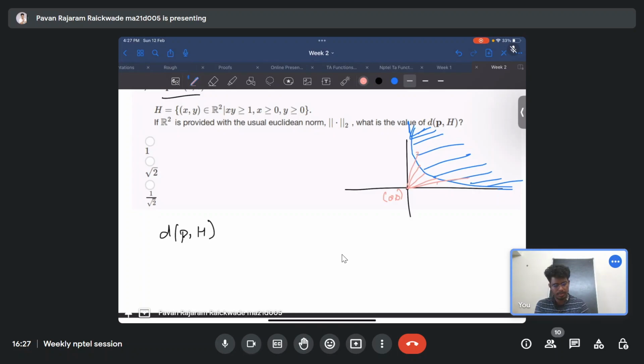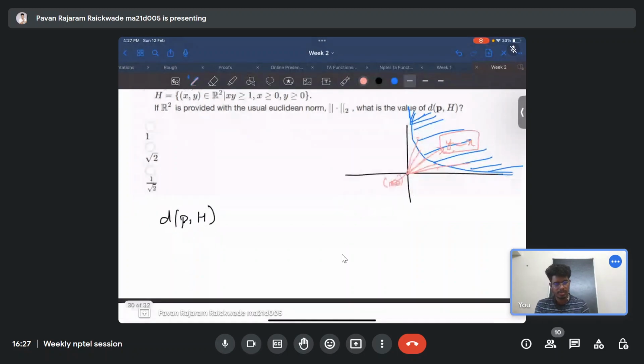Visually you can see the shortest will be along the line y equal to x, because for any other line you get a larger length. Just by observation, but we'll give a concrete proof also.